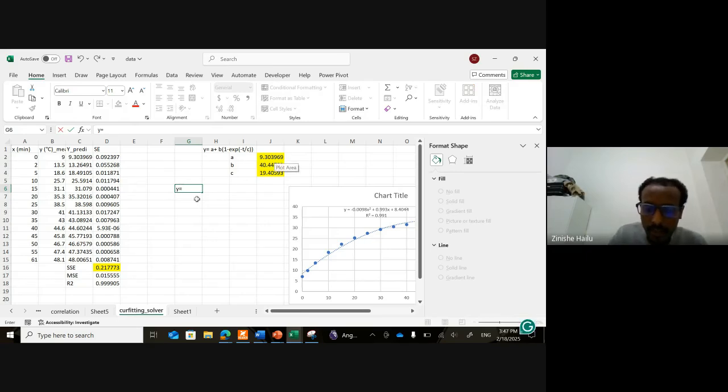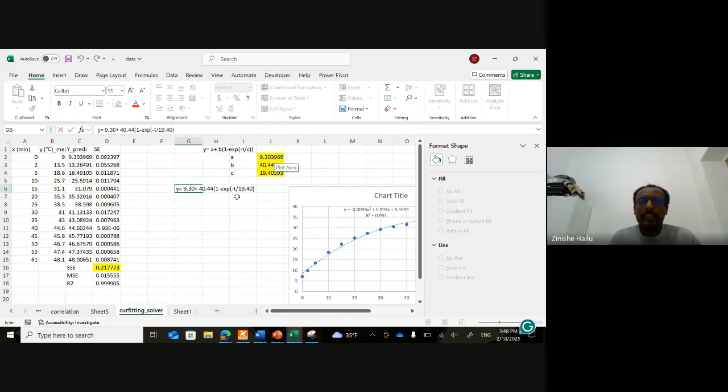A, where A is 9.30, plus B, B is 40.44, times 1 minus exponent of minus T divided by C. C is 19.4.